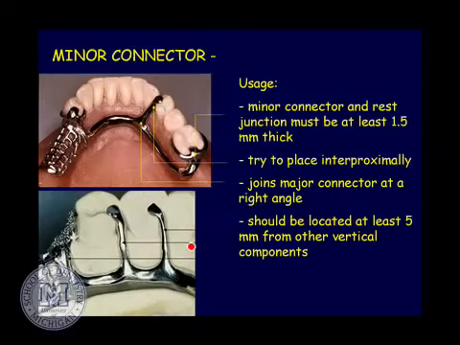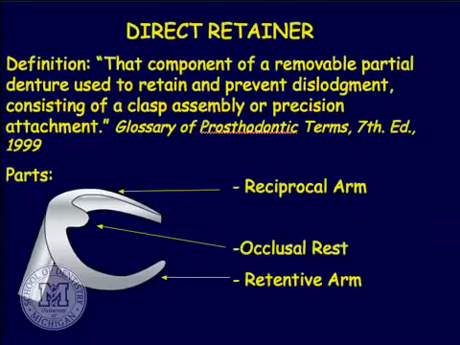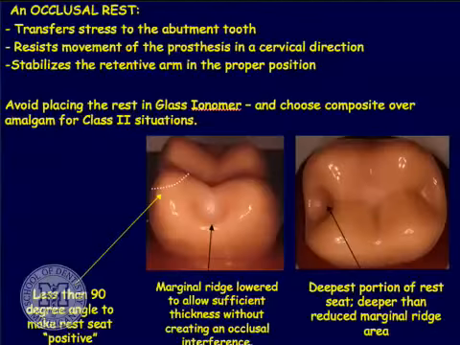Direct retainers. For a partial denture, the direct retainer is one of the main things that holds the partial in place. What's it consist of? It automatically consists of an occlusal rest, a reciprocal arm, and a retentive arm. So if we look at an occlusal rest on a tooth, when you prepare an occlusal rest on a tooth, you want to carefully assess what the opposing occlusion is like. Have the patient bite together, assuming there are opposing teeth.